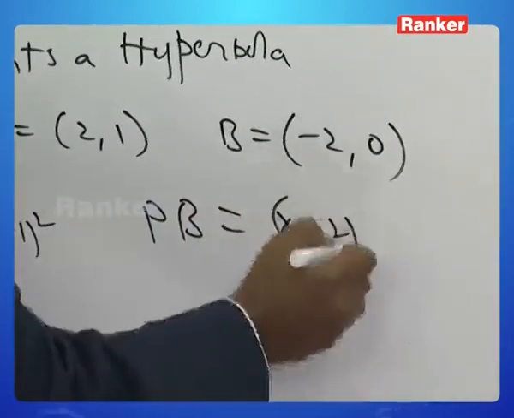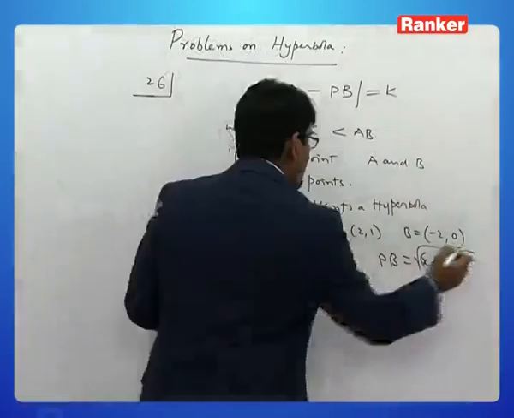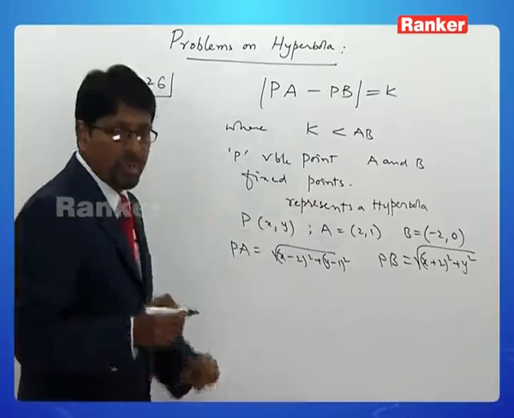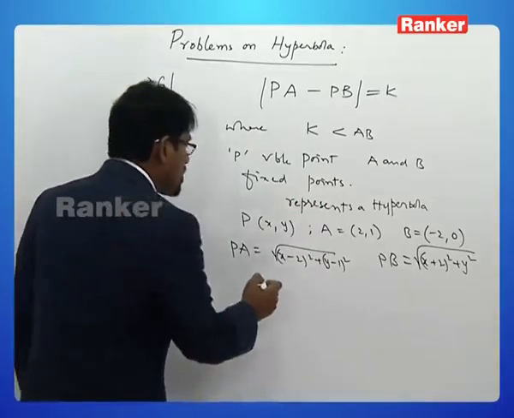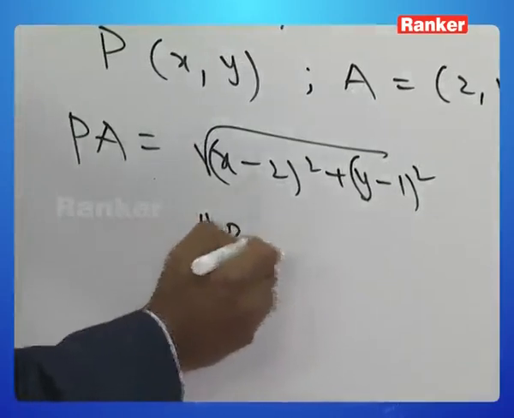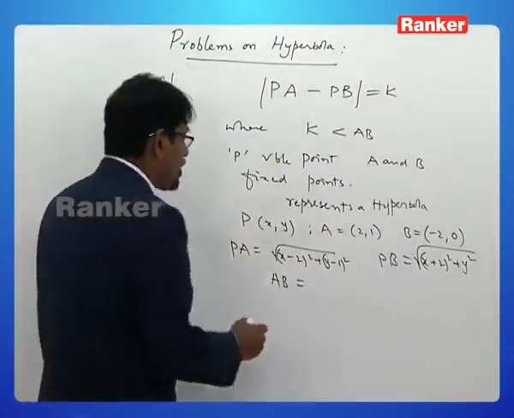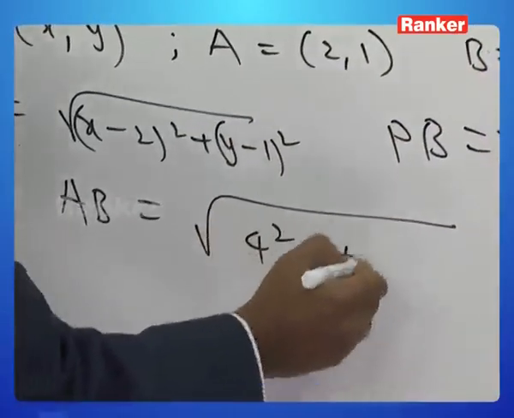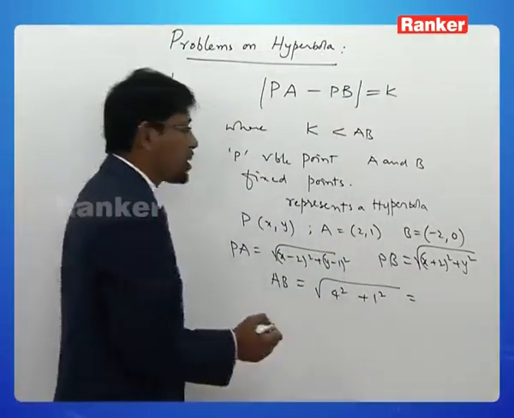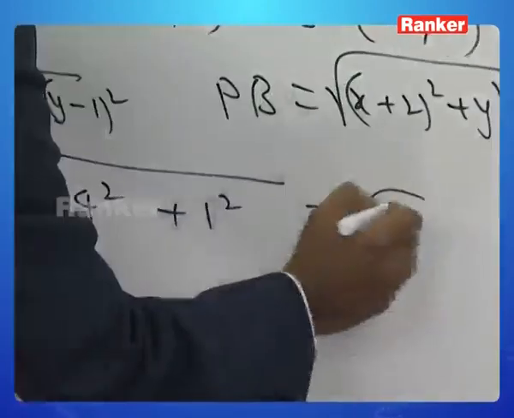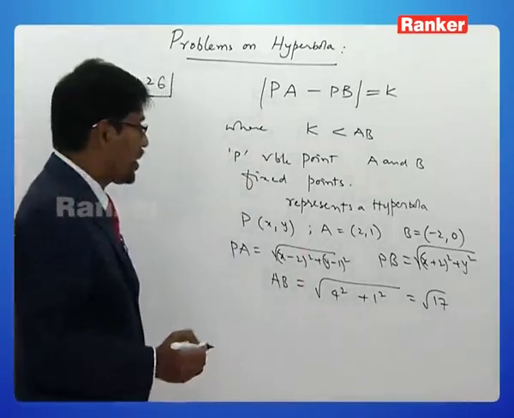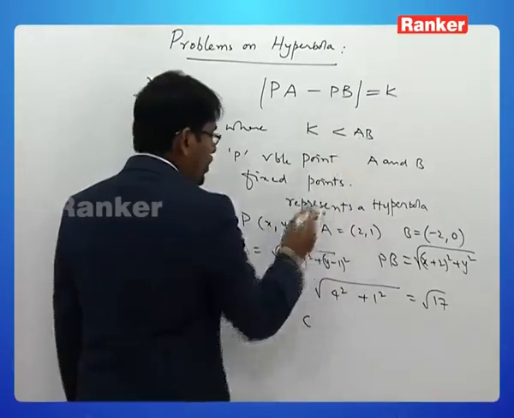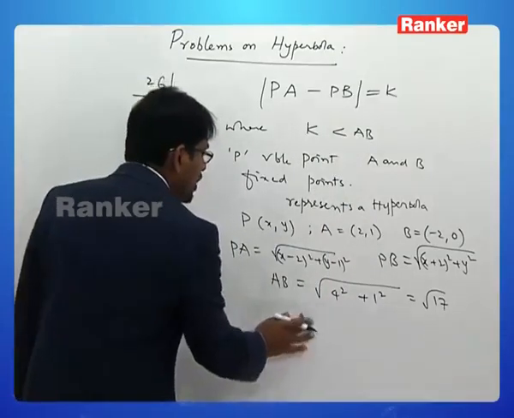Under root of (x plus 2) whole square plus y square. Now modulus of PA minus PB is given to be some small c. What is the distance AB? Under root of (2 plus 2) the whole square, that is 4 square, plus 1 square. What is that? 16 plus 1, 17, under root 17. So your c should be less than root 17.